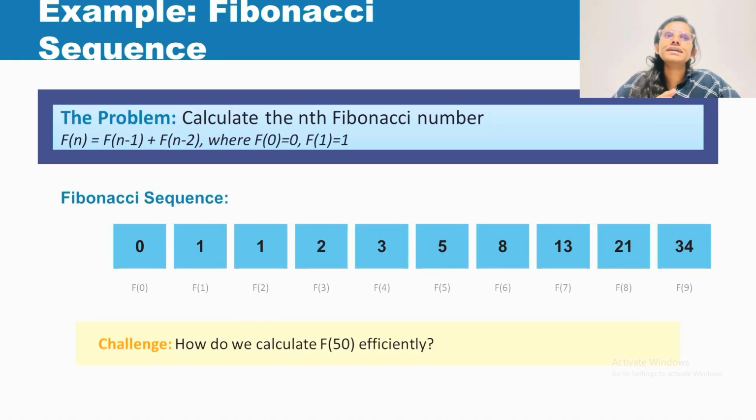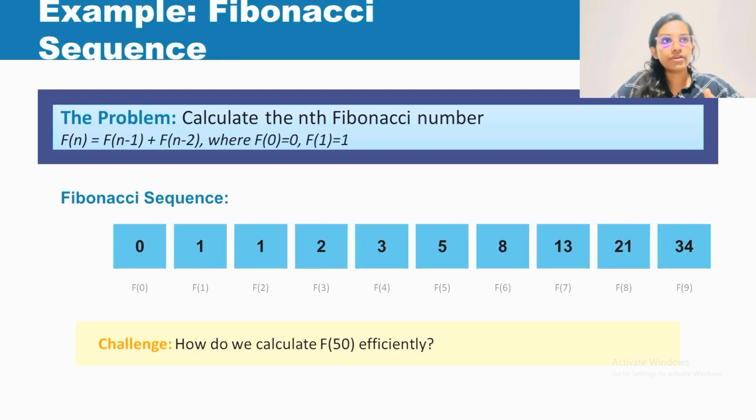Now let's see these concepts in action with the Fibonacci sequence. The problem is simple. Calculate the nth Fibonacci number, where each number is the sum of the two preceding ones. The sequence starts 0, 1, 1, 2, 3, 5, 8, 13, 21, 34 and so on.